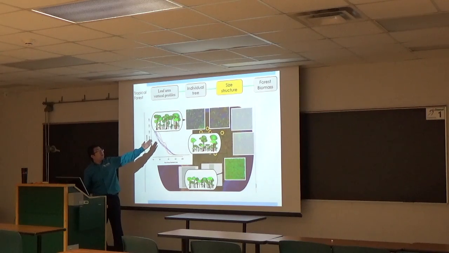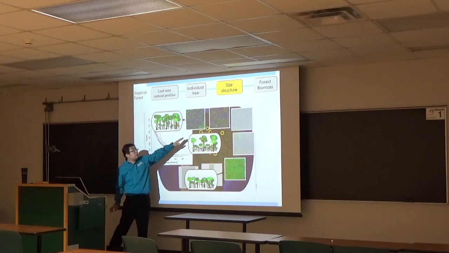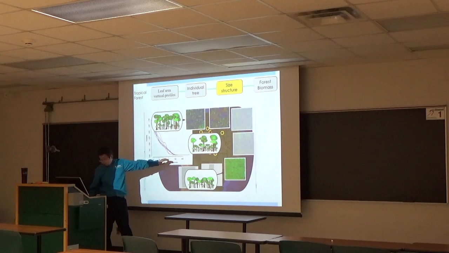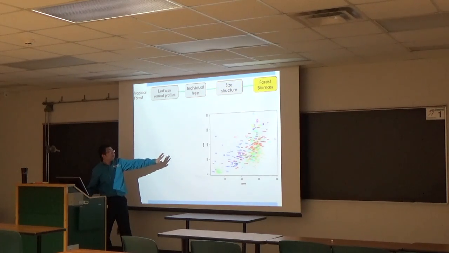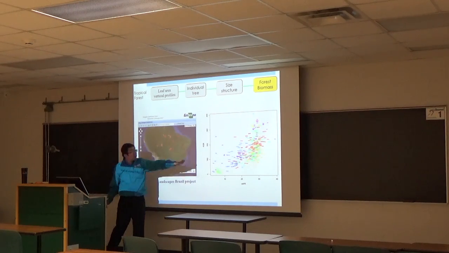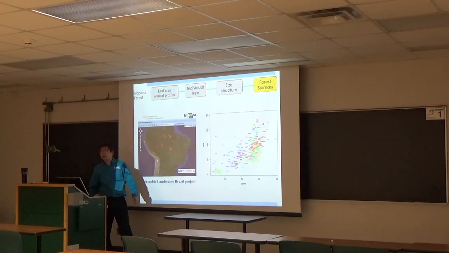This is the concept of the stand structure: test different sites to see if they have different compositions of tree demographics, and then see if my individual tree algorithm can improve the biomass estimation when using the LiDAR data.